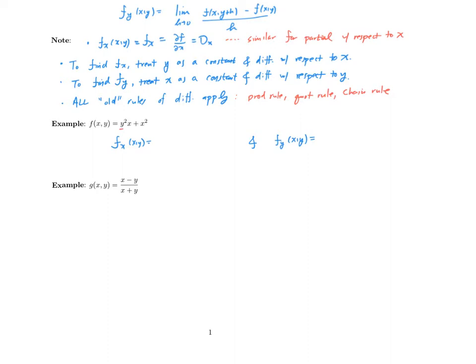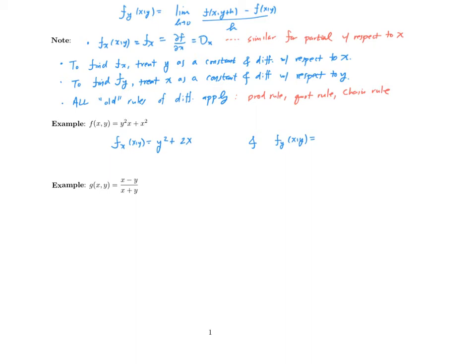And then we differentiate with respect to x. So if y squared is a constant, we would have the derivative of a constant times x, which would be that constant, plus the derivative with respect to x of x squared, which is 2x. So once again, to find the partial with respect to x, we treat each and every y, here it's the y squared, as a constant, and we differentiate with respect to x.